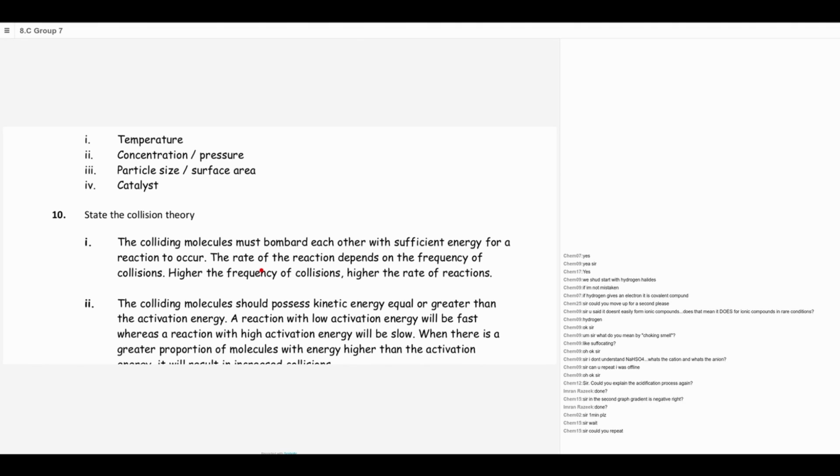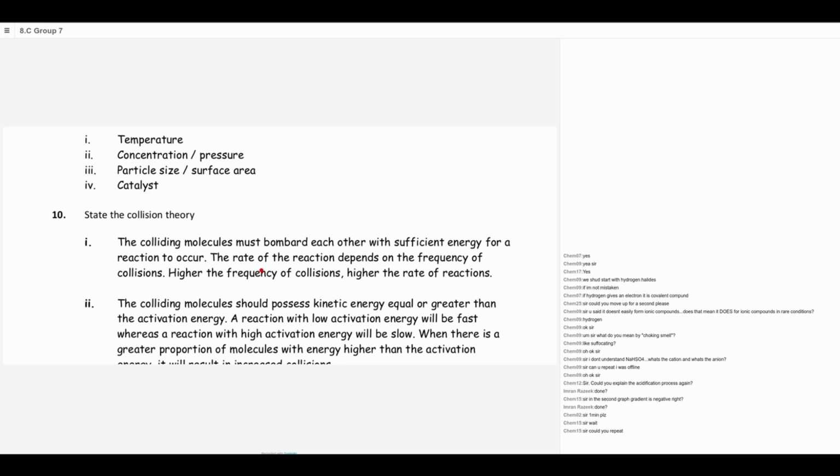If you say increased number of collisions increases the rate of reaction, that is wrong. Rather, you should say increased number of collisions per second will increase the rate of reaction. So number of collisions per second, in short, we call the frequency of the collisions. That's the first factor. Clear?